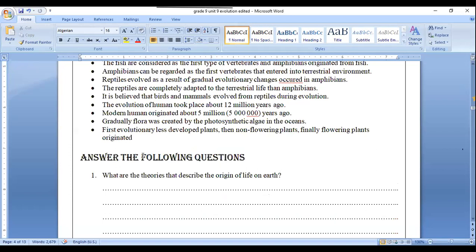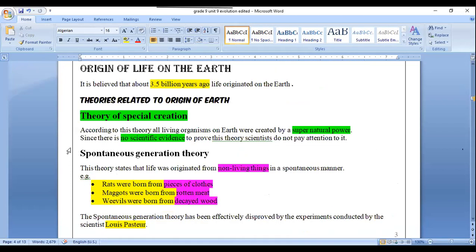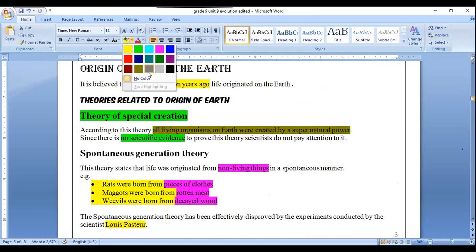Question number 2. What is the concept of special creation? This is the concept. Okay, I am highlighting it in gray color. What is the concept? All living organisms on Earth were created by a supernatural power.